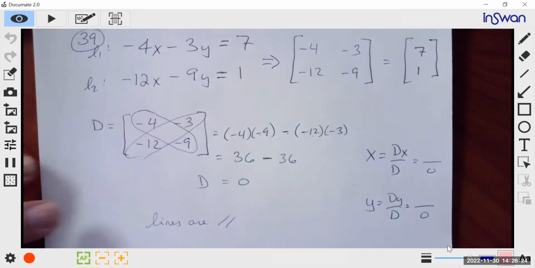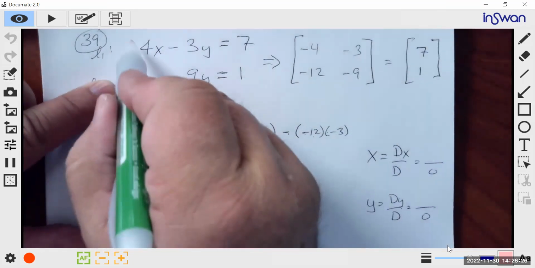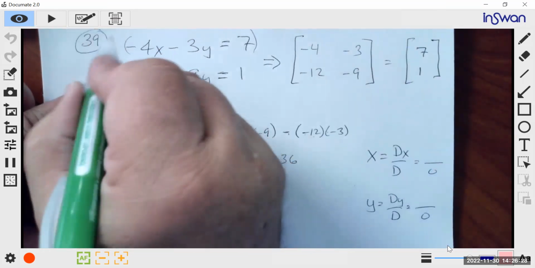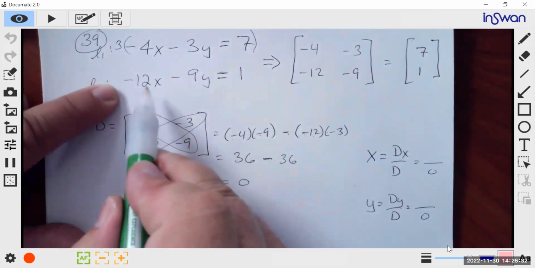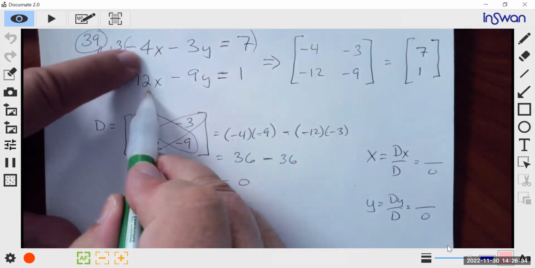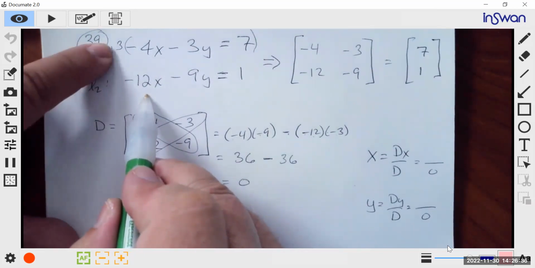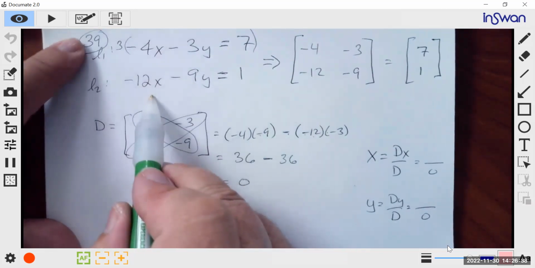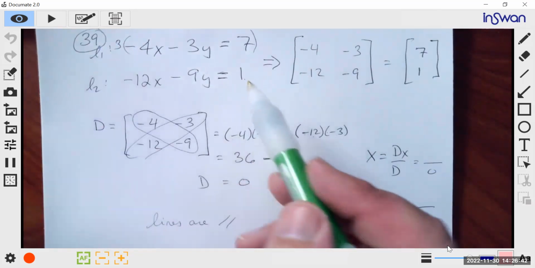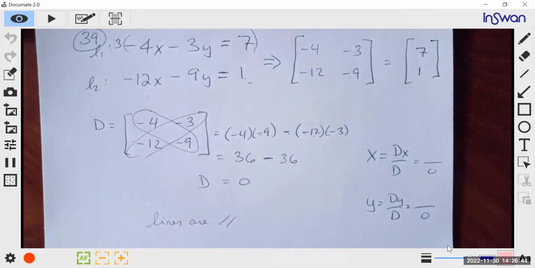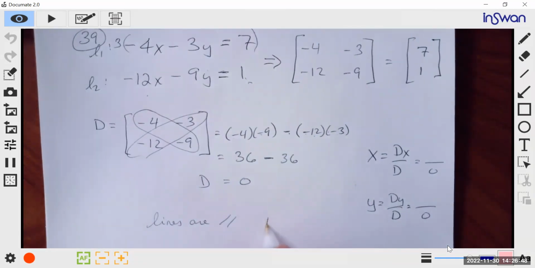And you could see it because if I took this first equation and multiplied everybody by 3, I'd get this one. 3 times 4 is 12. 3 times 3 is 9. So the x's and y's would disappear, and all I have left is 0 equals some numbers. It's parallel. So no solutions.